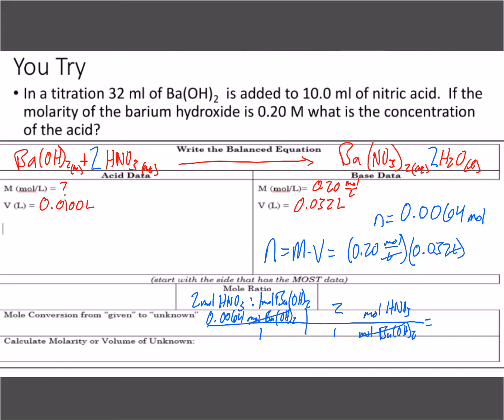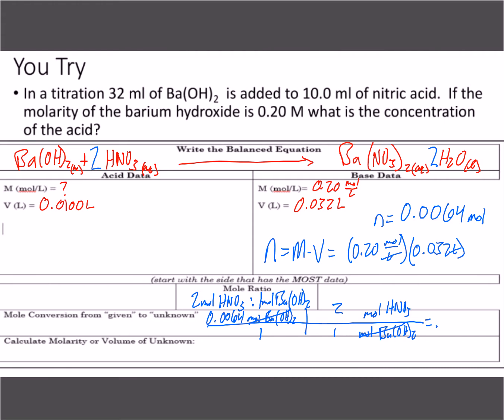We were using the mole ratio without even realizing it. Here, since we have this step to do our mole conversion from given to unknown, we're taking care of that in this step. So you don't have to worry about it with titrations, of, oh, well, I've got a diprotic acid, I've got to multiply my concentration. No, you don't have to do that because the mole ratio takes care of that step for you.